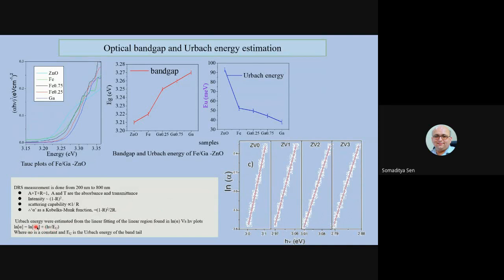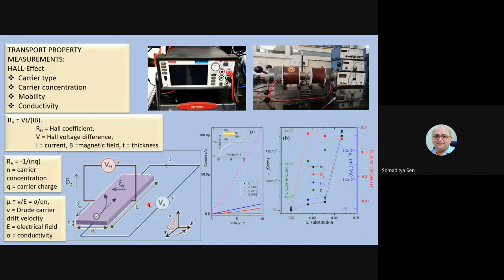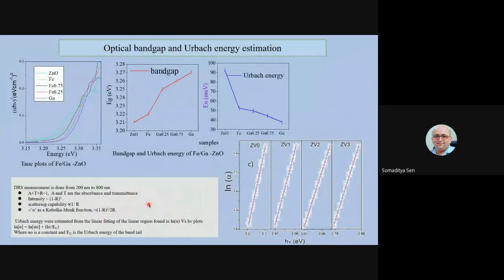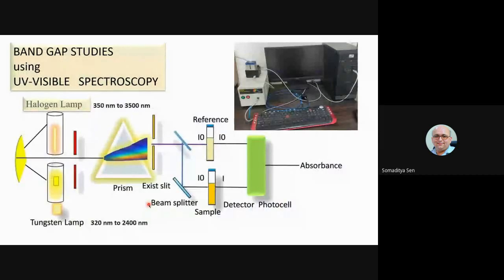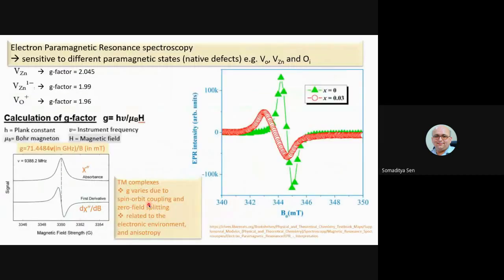C is not that necessary here, but the m is 1 by u. So from the slope, you can find out the Urbach energy, how much energy is devoted to this. Okay, so you see that we can find out the strain and the defect states from these types of spectroscopy.